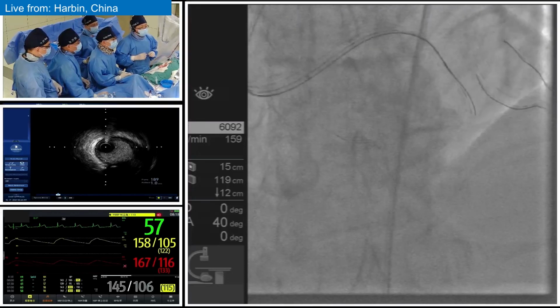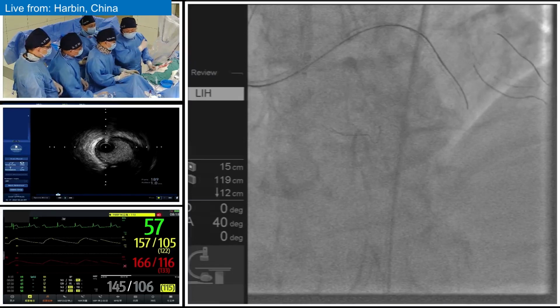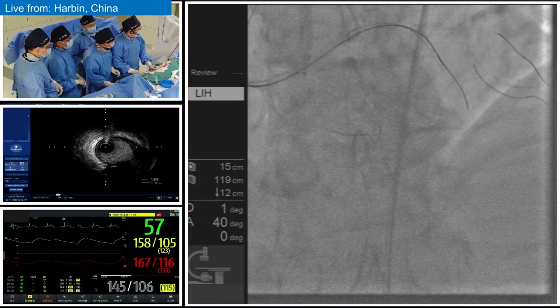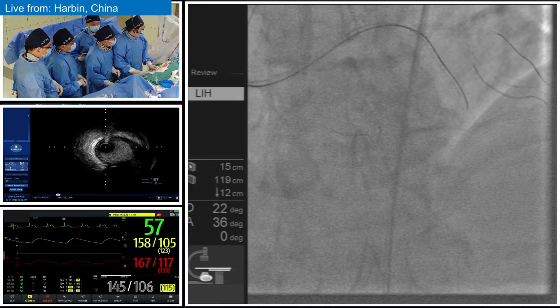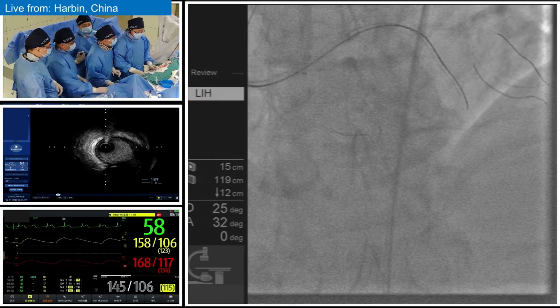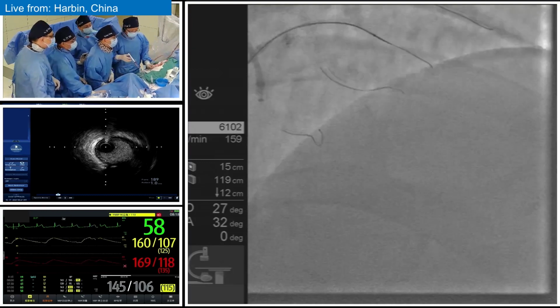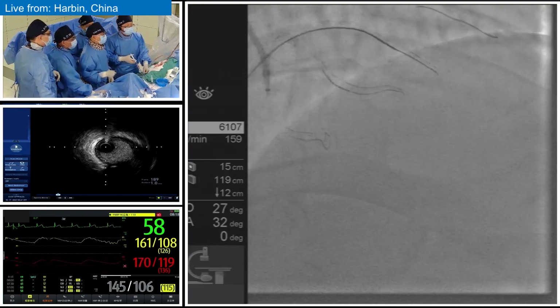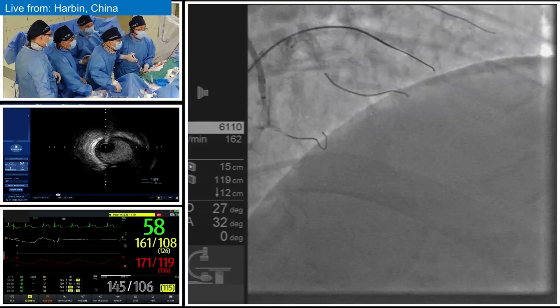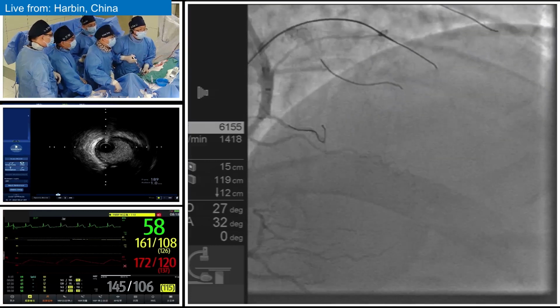When we mention the so-called important side branch, we usually mean that this side branch supplies over 10% of the left ventricular myocardium, and we can judge from the length and diameter of the side branch.